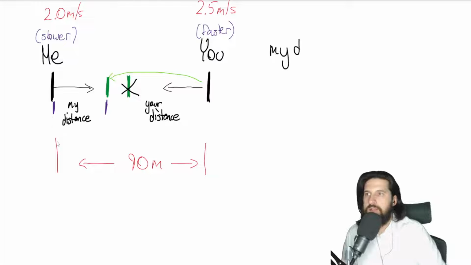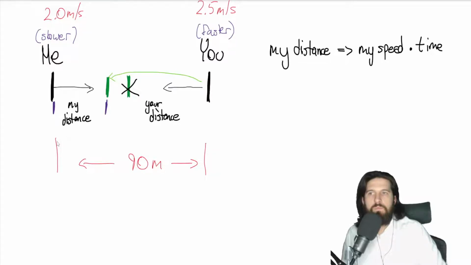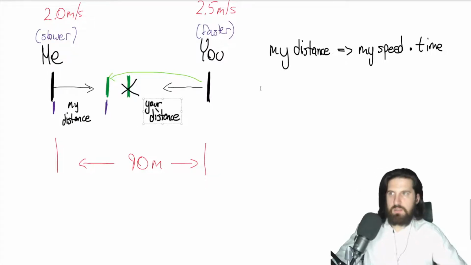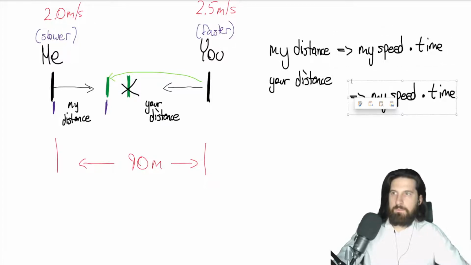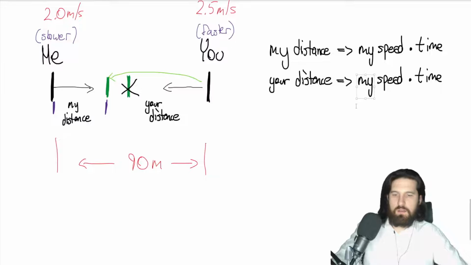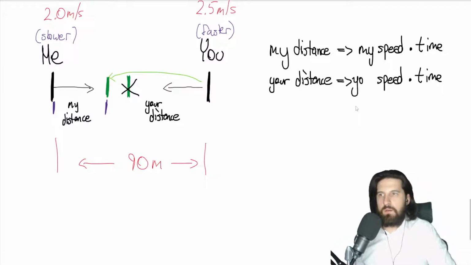My distance comes from my speed and the time traveling, and your distance comes from your speed and the time that we're traveling. Right?